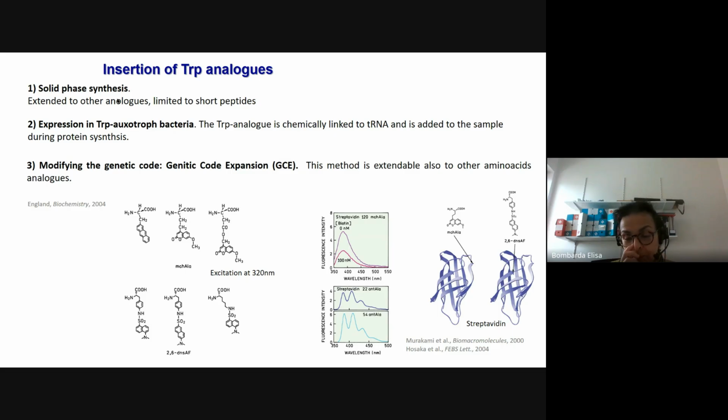So it is a trick in this case: we practically attribute the codon of tryptophan to the tryptophan analog, and the synthesis can be done.